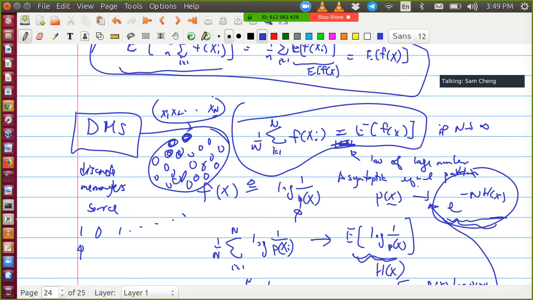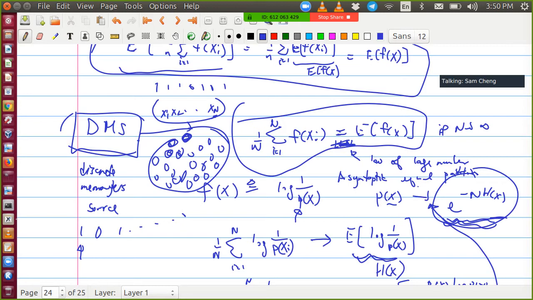You draw a sequence from this source, for example 1110001, something like that. The probability of exactly this sequence will be just this.